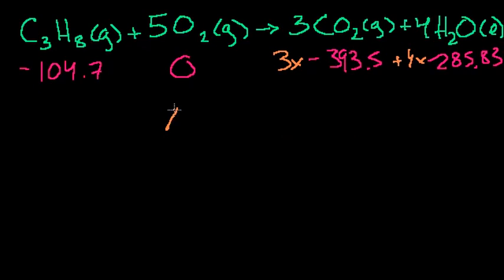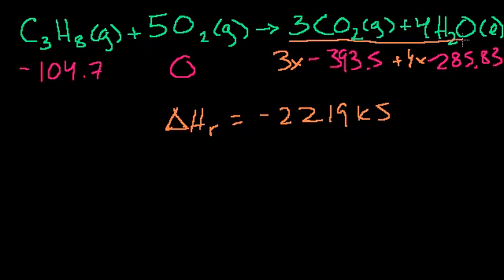So here, my heat of this reaction is equal to minus 2,219 kilojoules as we go in this direction. So for every mole of propane that I combust, I will actually produce this much energy on the other side, because this side has roughly 2,200 less kilojoules than this side.